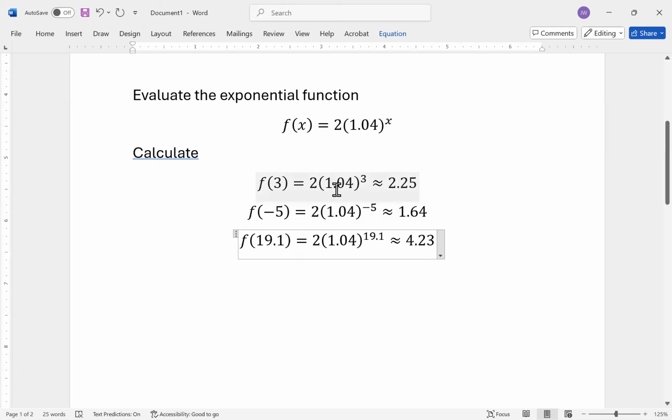Notice that as the exponents got bigger, we were ending up with larger numbers. So a 19.1 gave me a 4.23. And with an exponent of -5, we got a smaller number, our smallest number that we saw anyways.